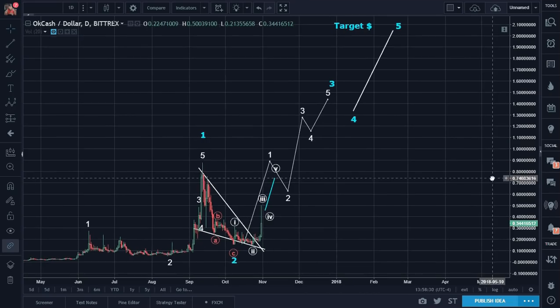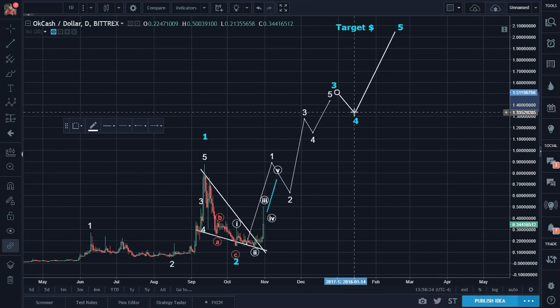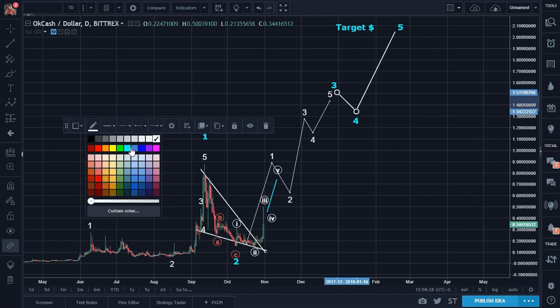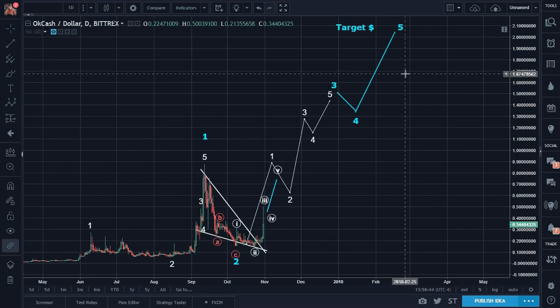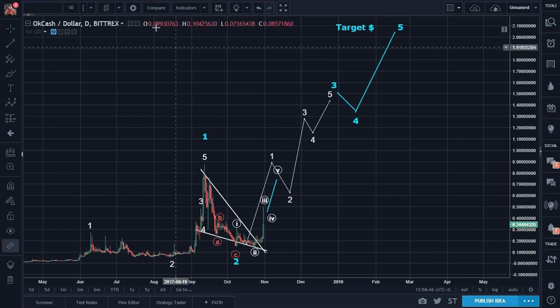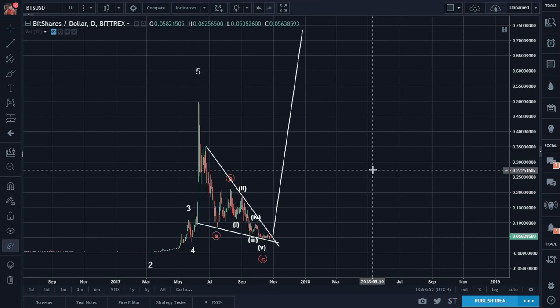Very nice. Very bullish. Very sweet. Very appetizing. I mean, this is extremely delicious. And whether this or this, it doesn't matter.